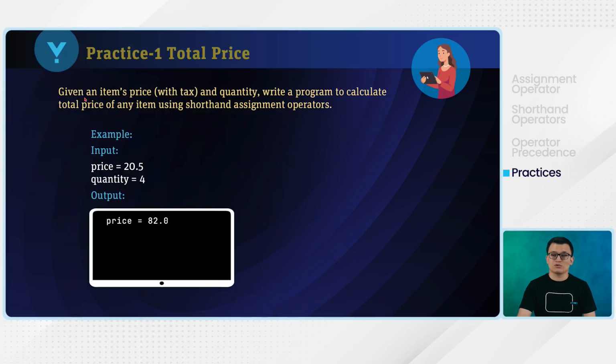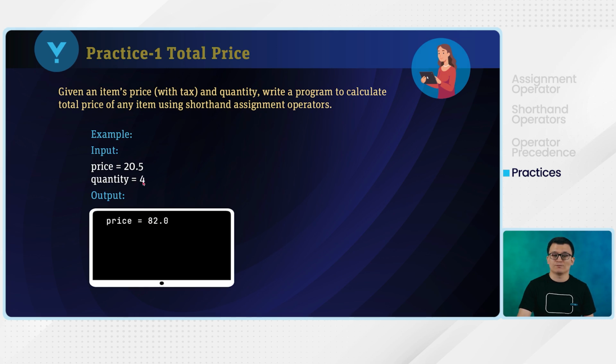In this task, the item price will be given to you with the tax and quantity. You need to write a program that can calculate the total price of any item using the shorthand assignment operators. So for example, if the price of the item is 20.5 and quantity is 4, then at the end, the price should be 82. Okay?